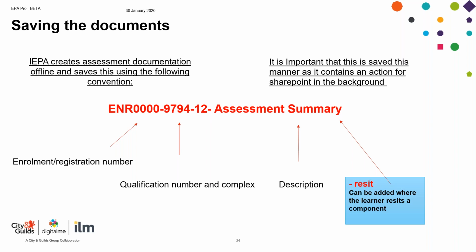So you as a LIEPA will be able to see what the original version was and what the second version was, and by adding resit, you'll also be able to see what the resit version is. That gives you the ability to look at the right information in the right way. That is the file naming convention, and in terms of the IEPA training, it is the most important thing they need to do, and we will be underlining that to them.